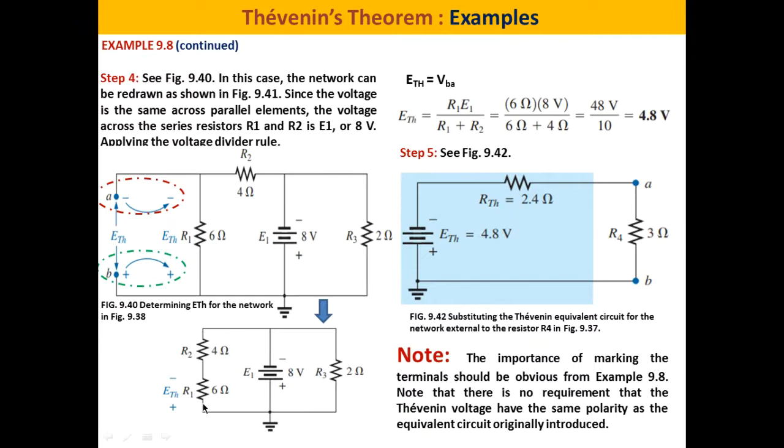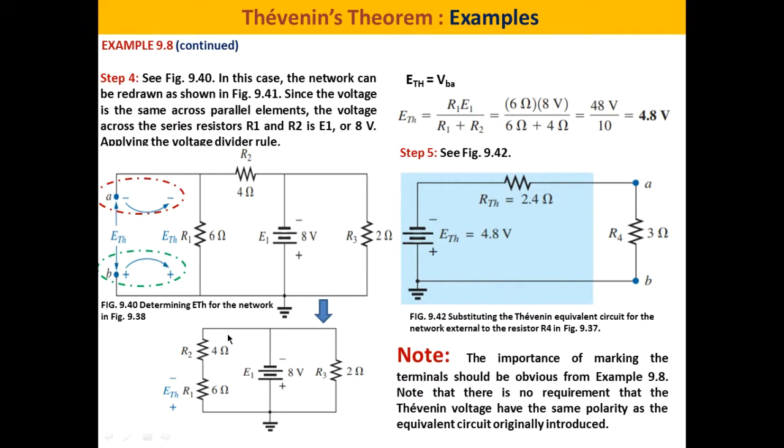It's very simple here. We will apply the voltage divider rule to determine the voltage across R1, as simple as that. So what is the voltage across R1? It is R1 divided by R1 plus R2 times E1. Here E1 is in parallel with R3. It doesn't interfere. R3 is in parallel with E1.